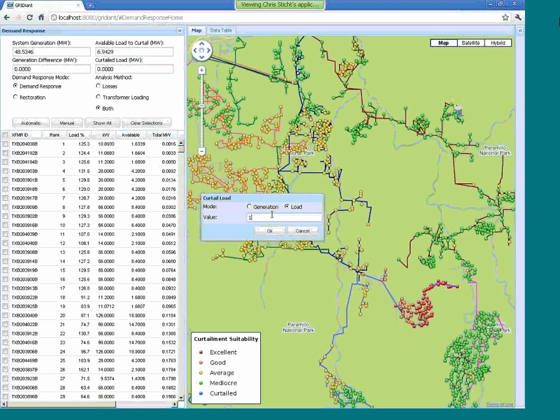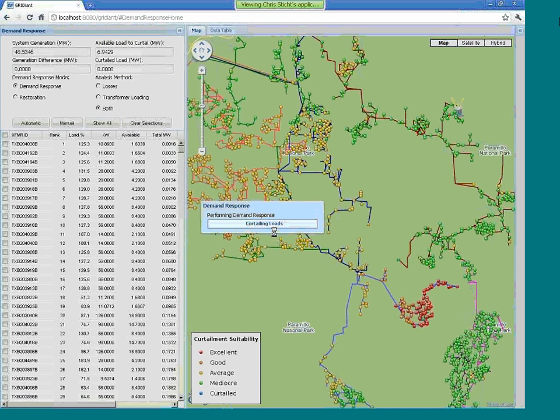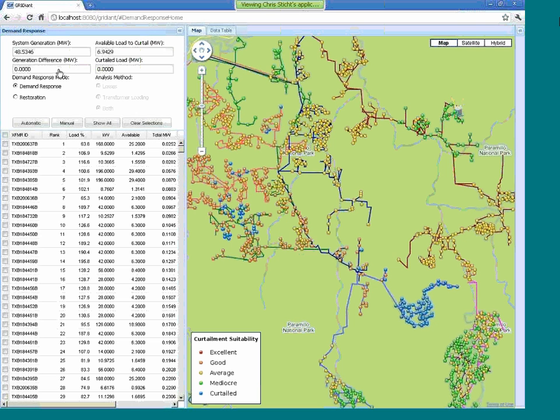So again, it's got to do its processing. And what you'll see is, of course, a lot of these red ones will be curtailed over here, but then you'll see scattering of blue dots around the rest of the system. And if you recall, when we curtailed 1 megawatt of customer load, it showed us 1.27 megawatts of generation difference.